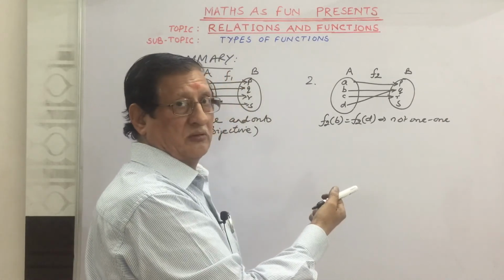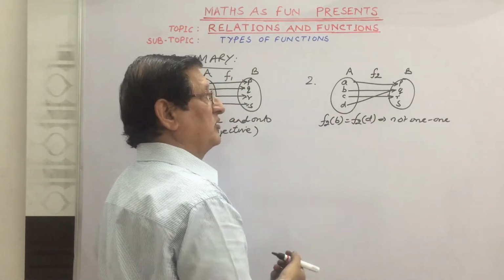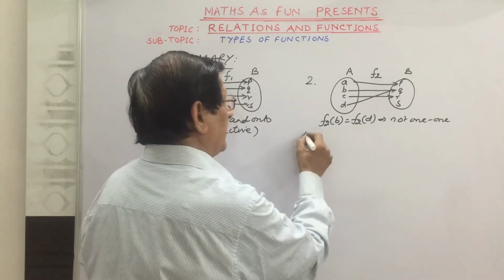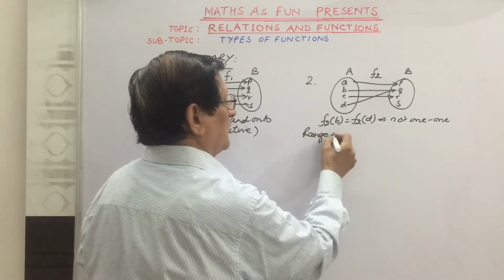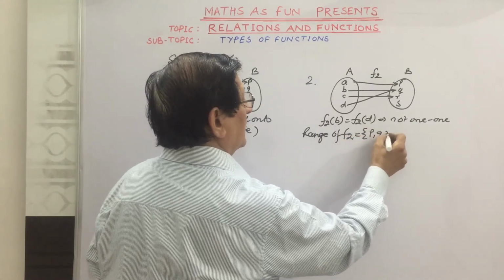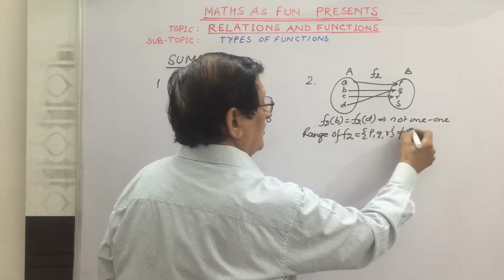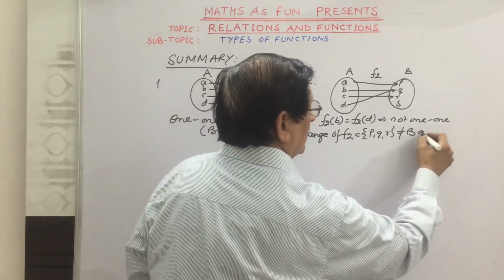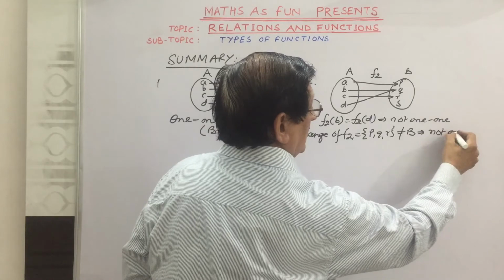Is it onto? No, it is not even onto, because the range is not equal to the codomain. The range of f2 here is equal to {p, q, r}, which is not equal to B. It is not equal to the codomain. So we say it is not onto.